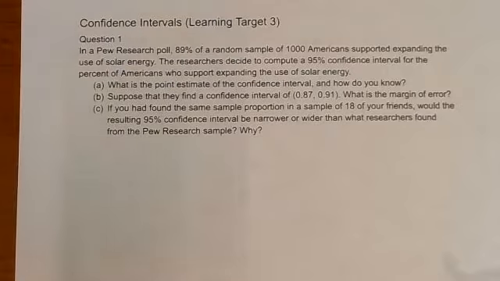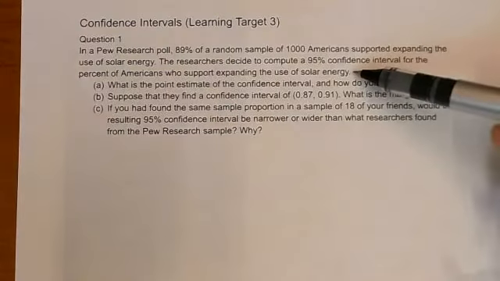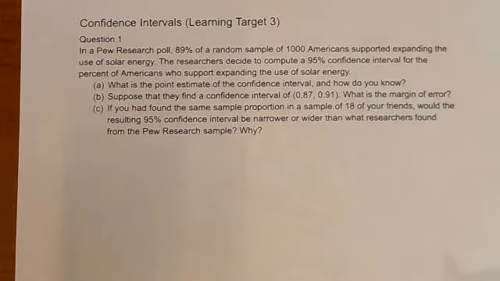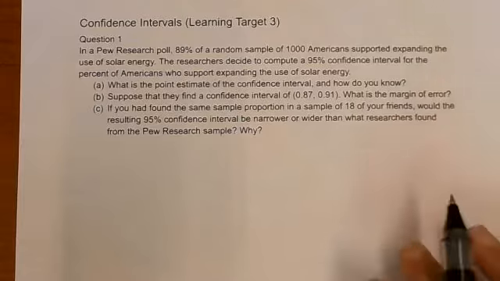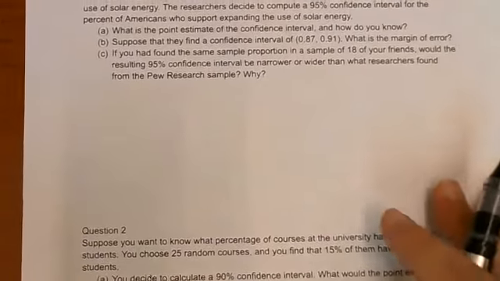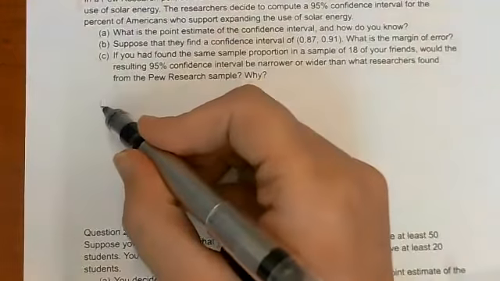Okay, so the first question here is, without us computing the confidence interval ourselves, what's the point estimate and how do we know? So remember that the point estimate is what's right in the middle of a confidence interval.